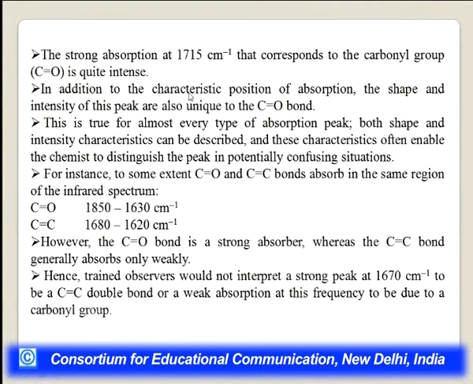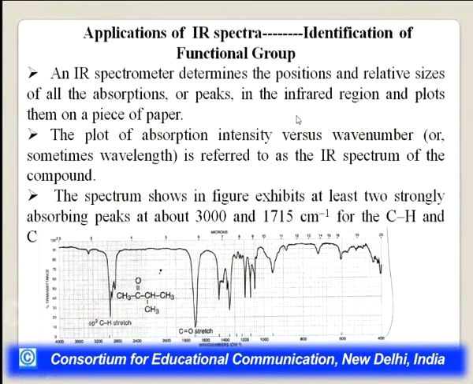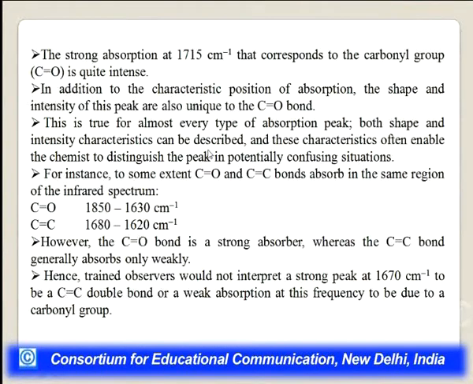In addition to the characteristic position of the absorption, the shape and the intensity of this peak are also unique to the carbonyl bond. So here we can say these peaks, as compared to this, are less intense. In fact, it is a sharp peak, and as compared to this peak, which is broader, this is a very intense as well as sharp peak.